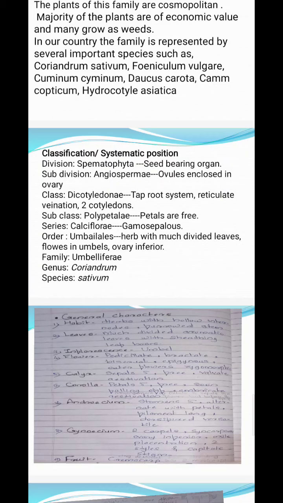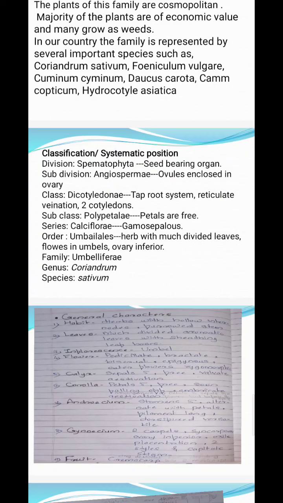The division is Spermatophyta, in which seed-bearing organs are present in these plants. Then the subdivision is Angiosperms, meaning the ovules are enclosed in the ovary. Then the class is Dicotyledon, distinguished by a taproot system, reticulate venation, and also containing 2 cotyledons.